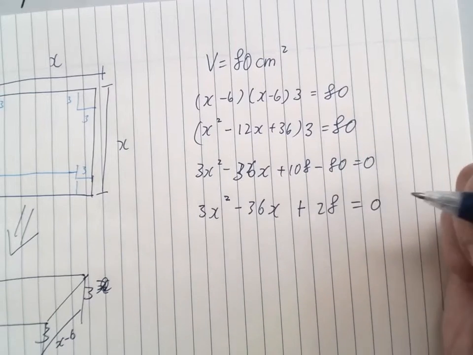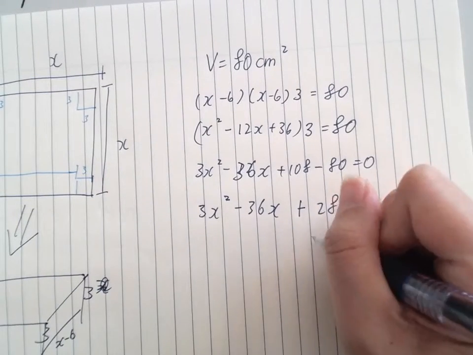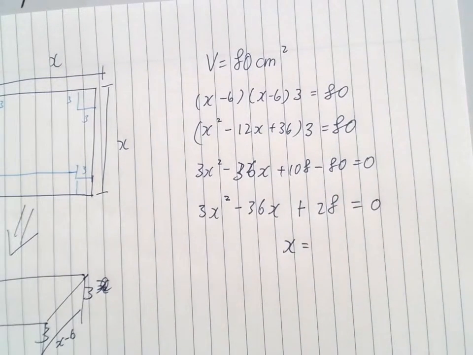Ah, it's plus. All right, sorry, so plus 28. Oh, we got a horrible number. So we have to use the quadratic formula.